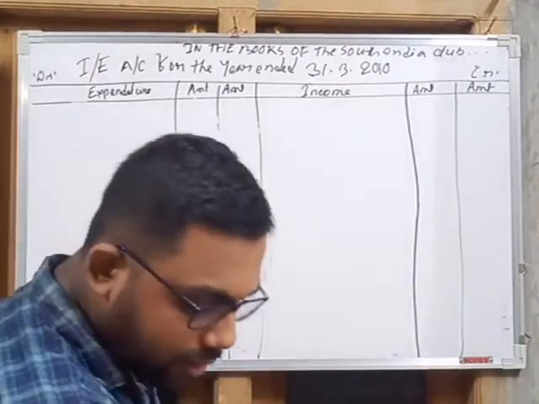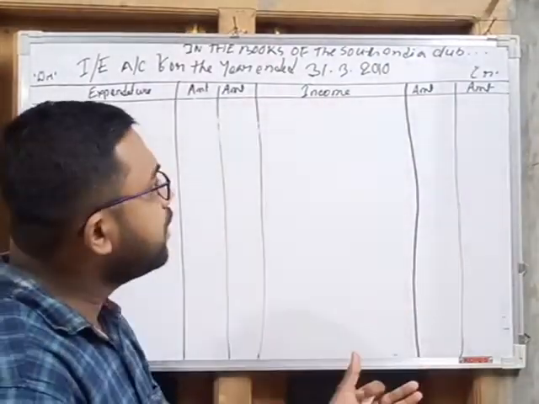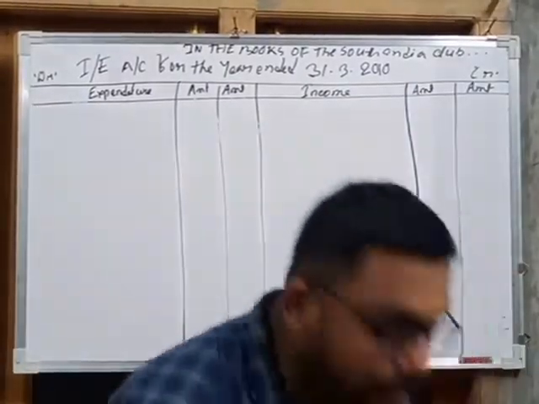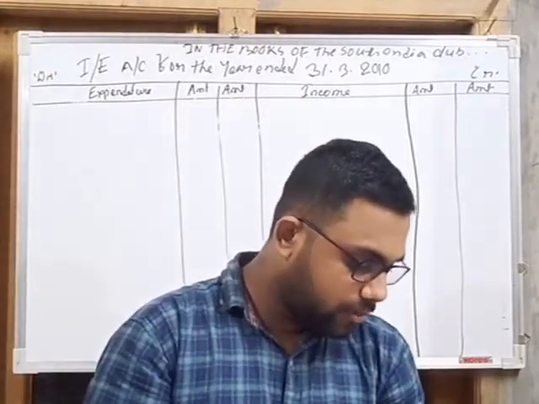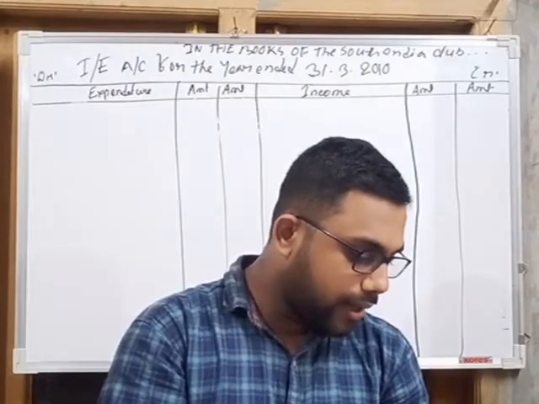What is the first item? The first item is salaries paid. So we can say that it is an expenditure. Regarding this, we have to find whether any adjustment is given or not. In the additional information, there is no information regarding salaries paid, and in bracket there is nothing written.